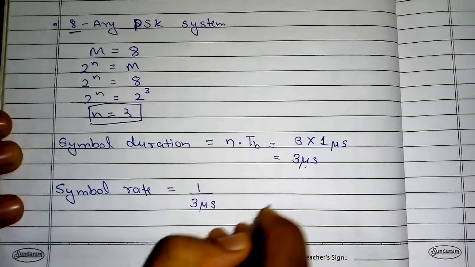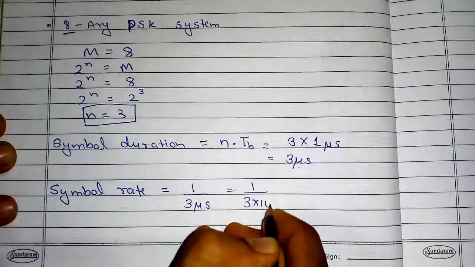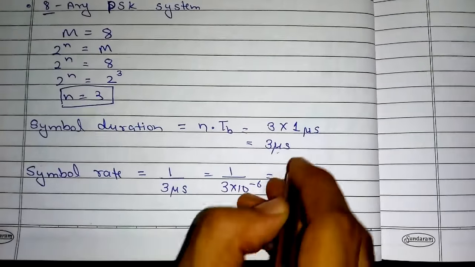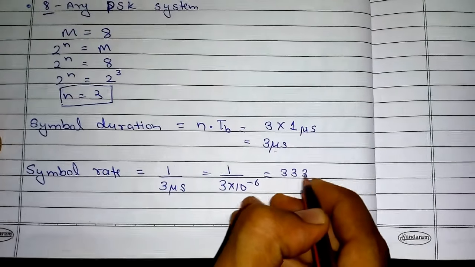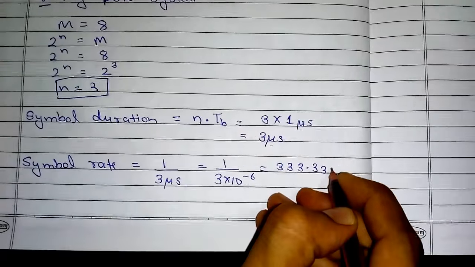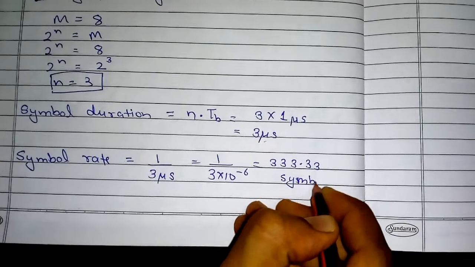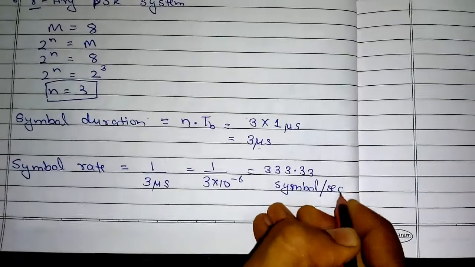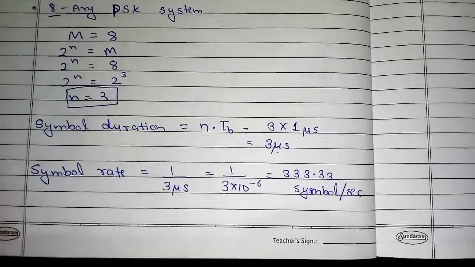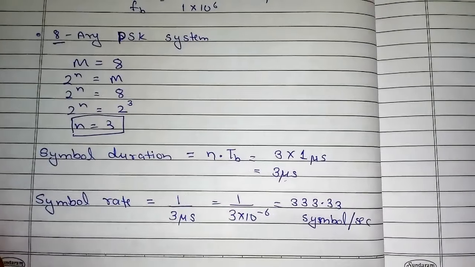So I will write 1 upon 3 into 10 raised to minus 6, and this comes out to be 333.33 symbols per second. This is the unit. Make sure you write the correct unit.